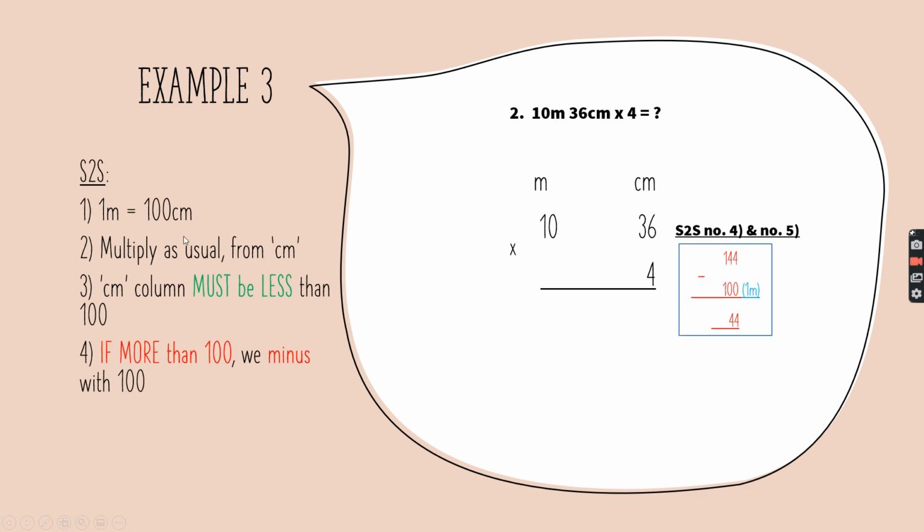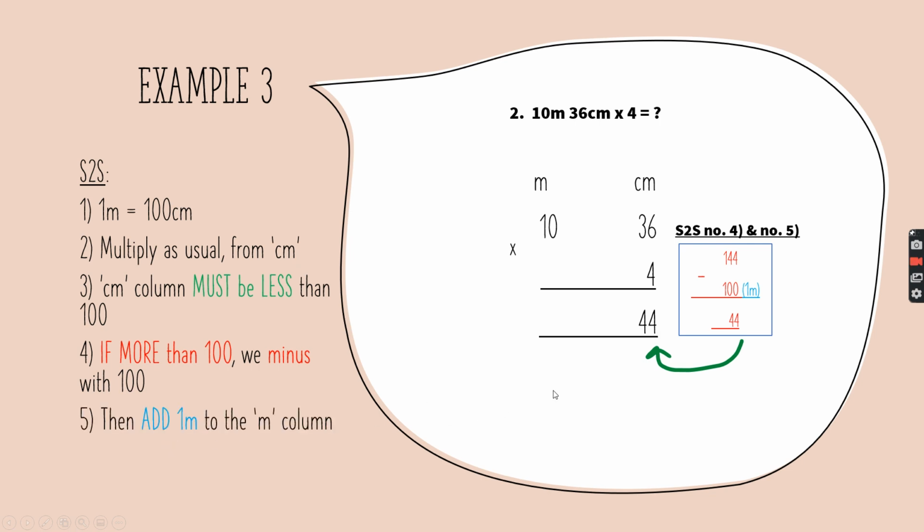Why 100? Because 1 meter equals 100 centimeter. So what do we got? 144 minus 100, we got 44 centimeter, and we're gonna put it up right here, 44 centimeter, and this is okay because it is less than 100.